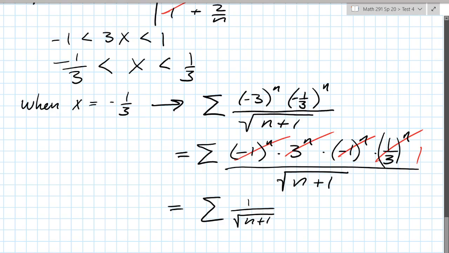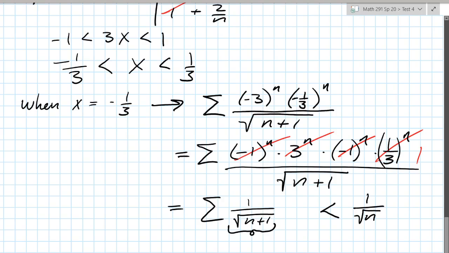Now, we know that this term right here is smaller than this term right here. Since the denominator has a bigger number in the denominator, that means the fraction becomes smaller.